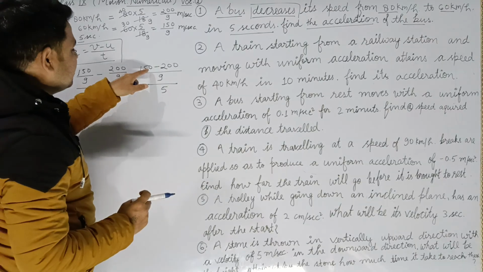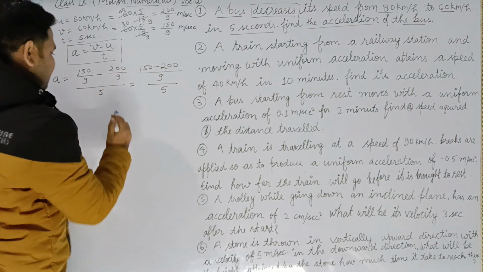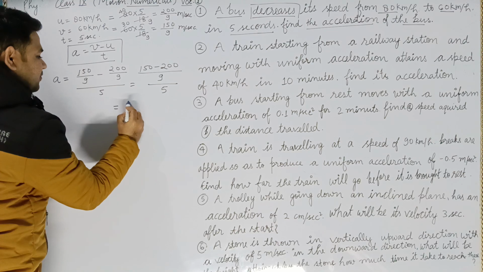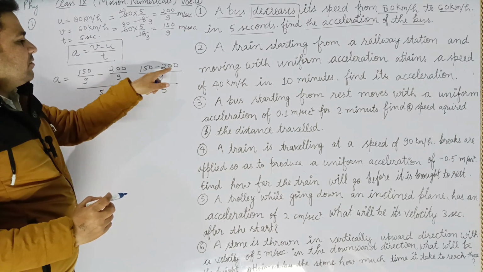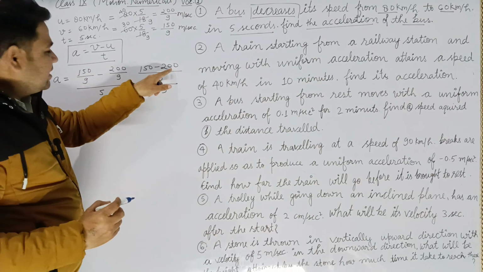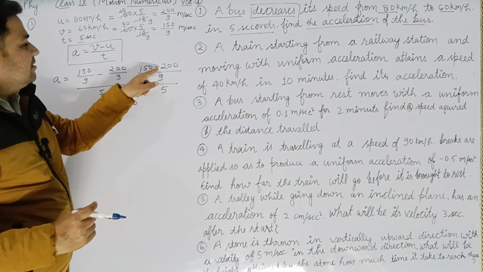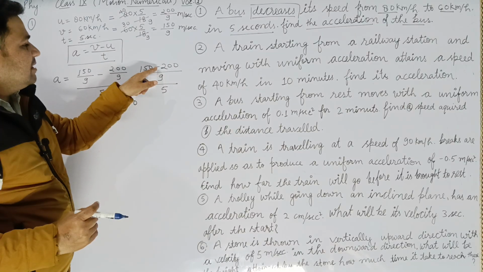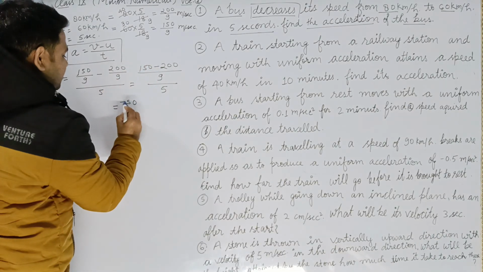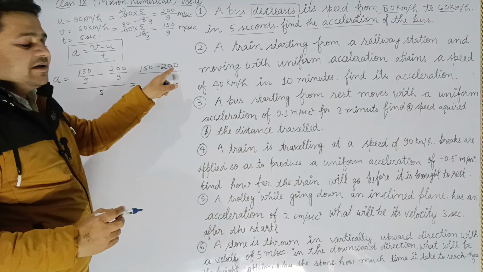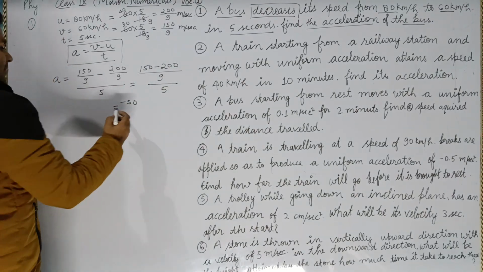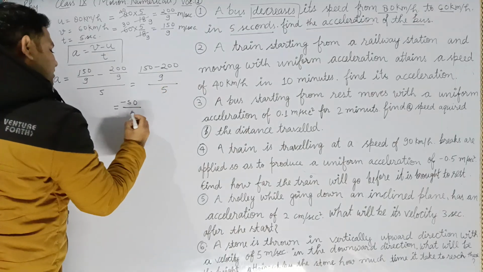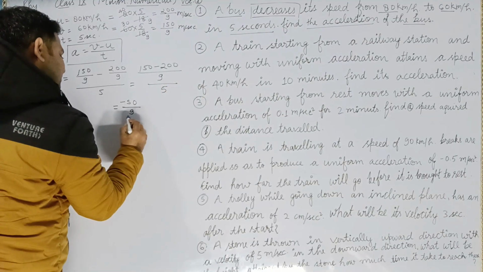We subtract 150 from 200 and we get 50, and we apply the minus sign because 200 is negative and 150 is positive. So minus 50 upon 9, upon 5.